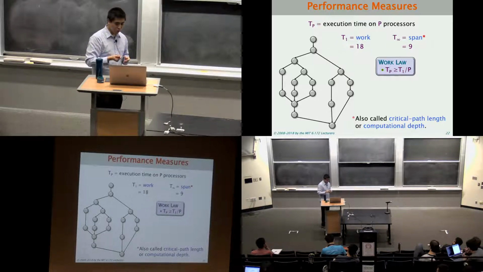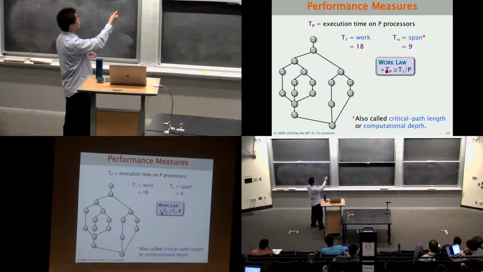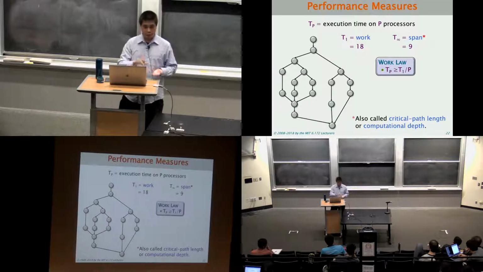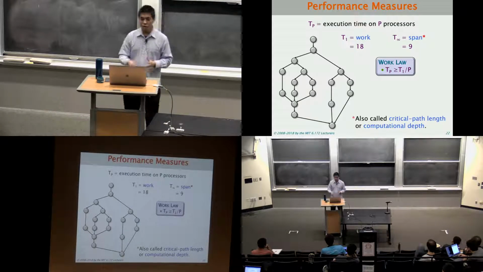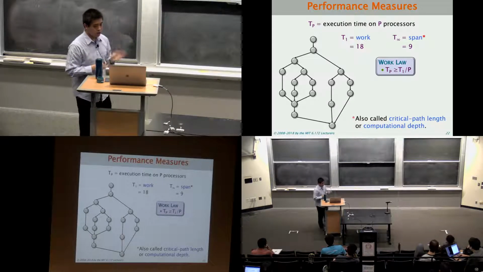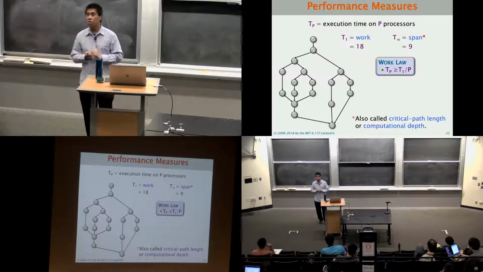If you multiply both sides by P, you get P times T sub P is greater than or equal to T1. If P times T sub P was less than T1, then you're not done with the computation because you haven't done all the work yet. So the work law says that T sub P has to be greater than or equal to T1 over P. Any questions on the work law?